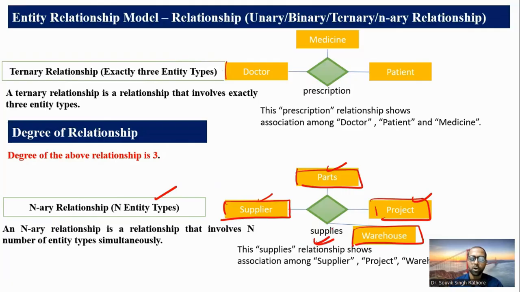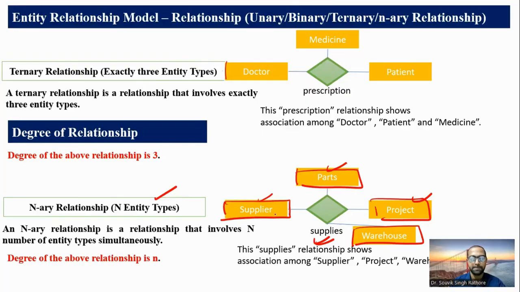The relationship connects all the four entity types. We can think of it as a particular supplier supplying a particular part to a particular project at a particular warehouse. So here four different entity types are mandatory. Therefore, the degree of the relationship is 4, and for an n-ary relationship we call the degree of relationship n.